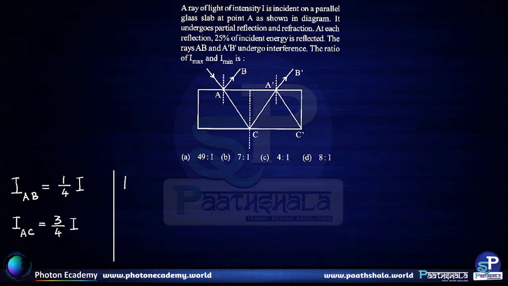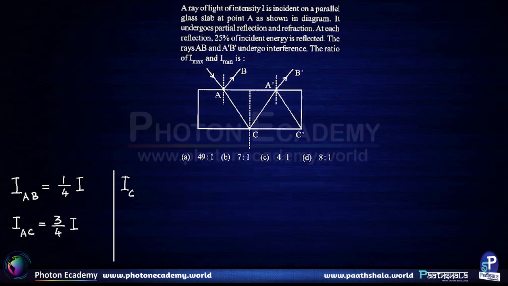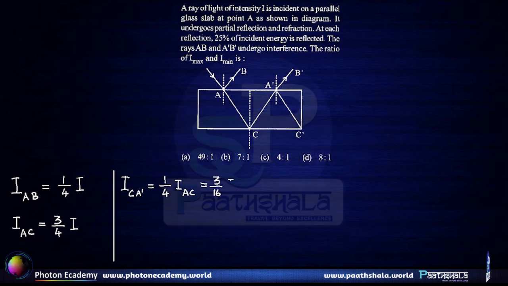The intensity of the ray CA' is equal to 1/4 of the intensity of AC, and this is equal to 3 by 16 I. Similarly, the intensity of the ray A'B' is equal to 3 by 4 times the intensity of the ray CA'.